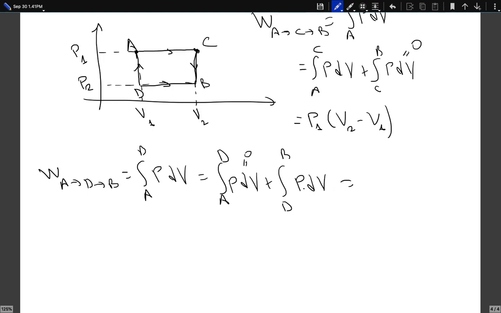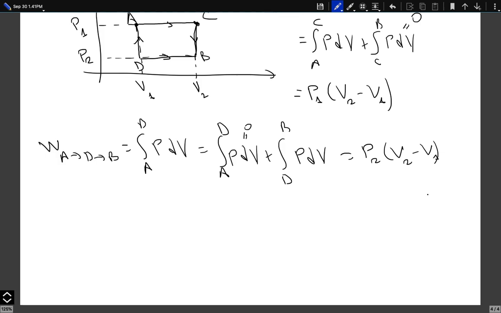And for the second one, pressure is constant. This is P2 times V2 minus V1. And it is definitely not equal to the work as I go from A to C to B.